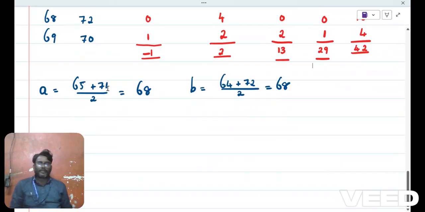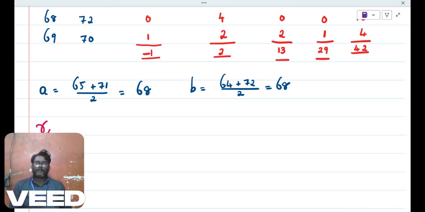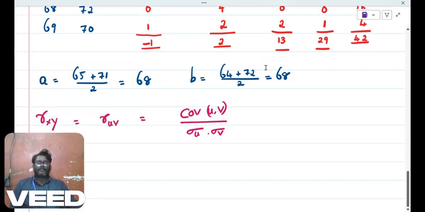We know by the property that the correlation coefficient of xy will be the same as the correlation coefficient of uv, which is nothing but covariance of uv divided by sigma u into sigma v. Now we will compute one by one. So covariance of uv.